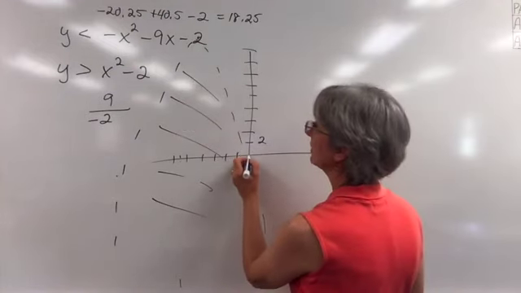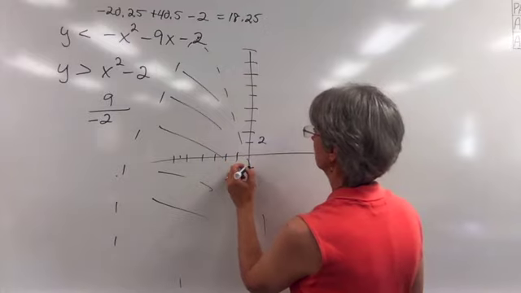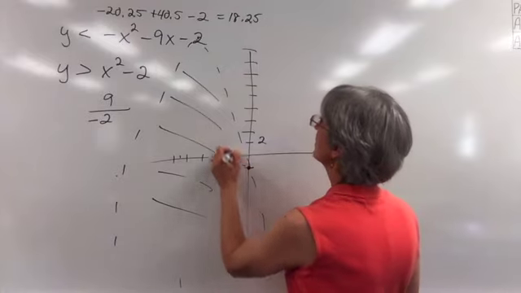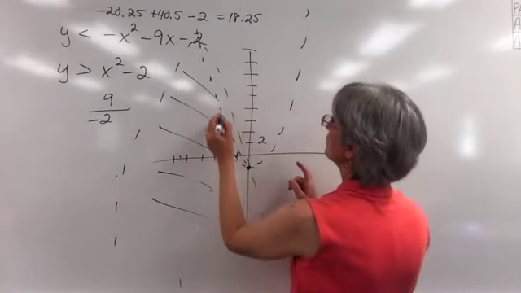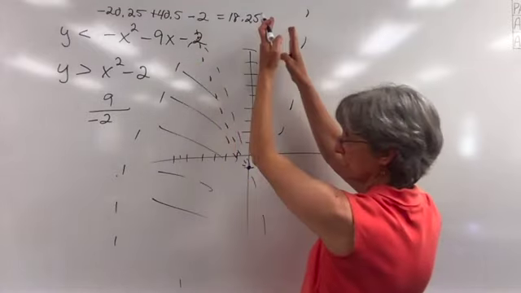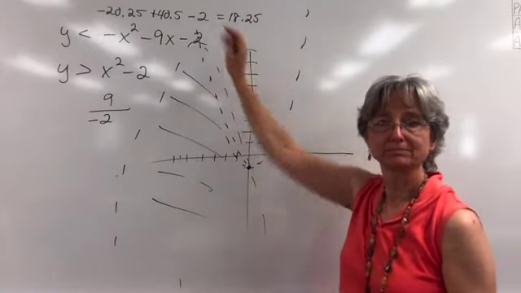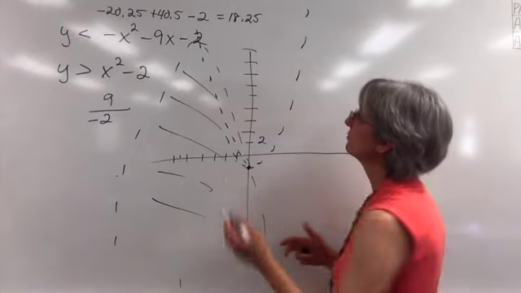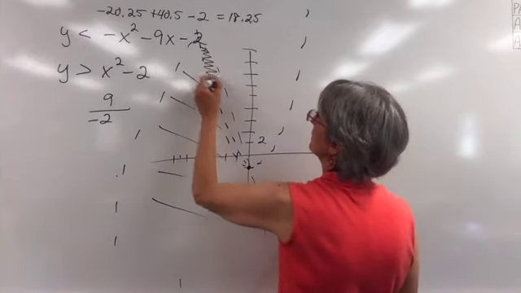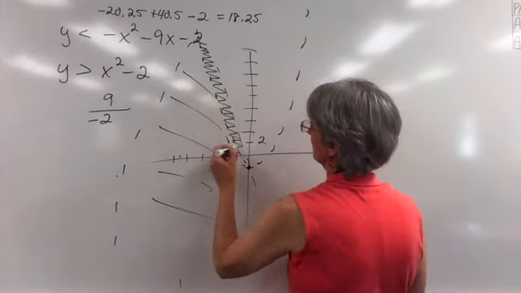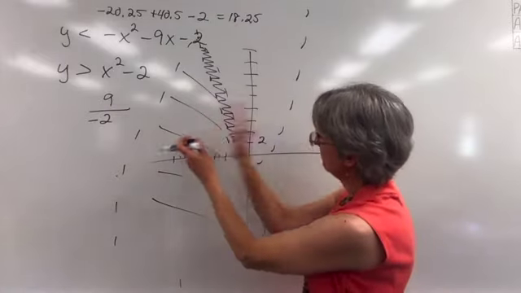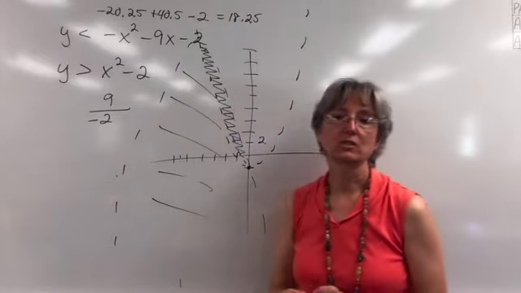And so when I go, and it's also dashed, and it's greater than, so my shading is inside or above here. So the area that they have in common is actually this. What's inside of this and inside of that is this strip.